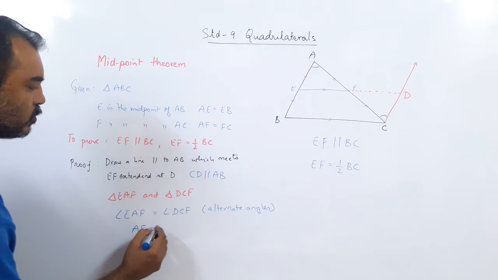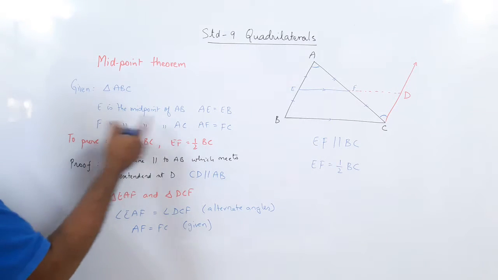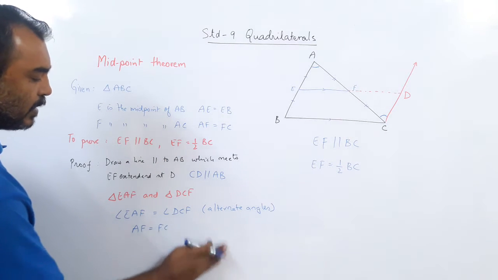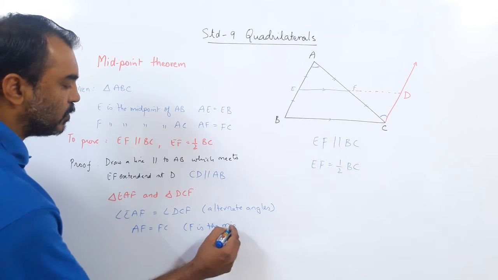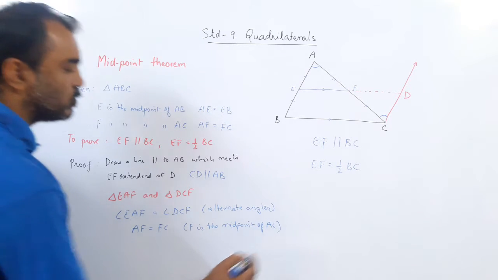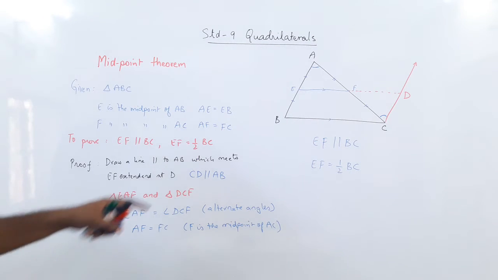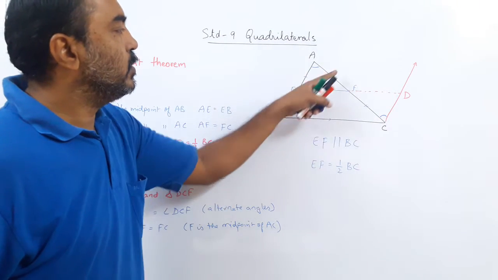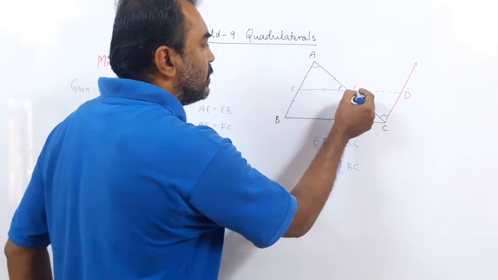Then AF equal to FC, which is given to us, since F is the midpoint of AC. So what have you got here? You have got this angle and this angle equal, this and this side equal, and even this angle and this angle equal.